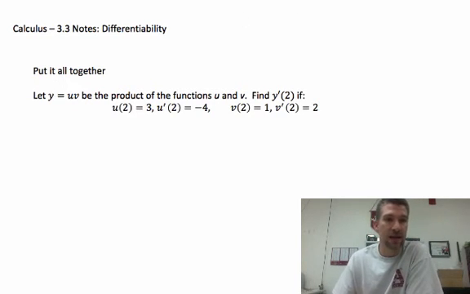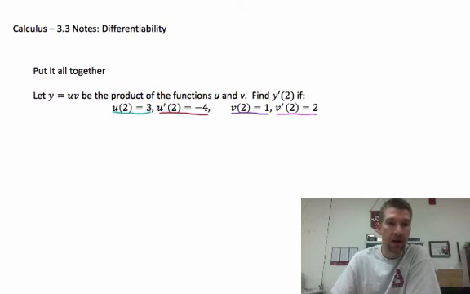They say, hey, look, I know a value of u, it's going to be 3. I know the value of u prime, it's going to be negative 4. I know the value of v, it's 1. And oh, by the way, I know the value of v prime, it's 2. So we've got all of this information right here.